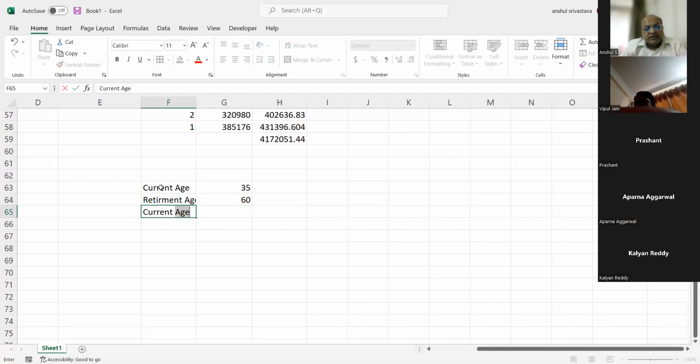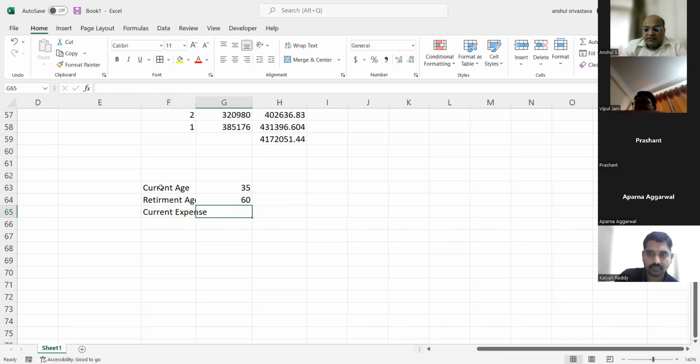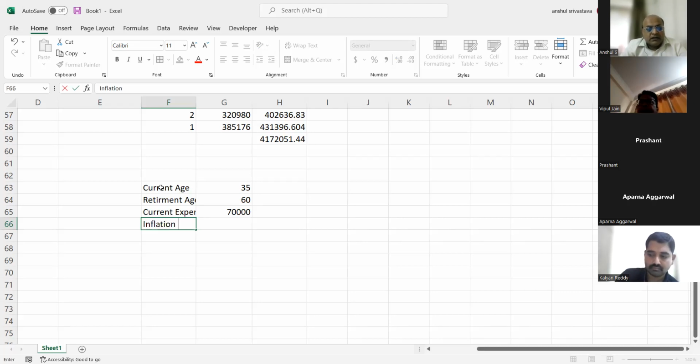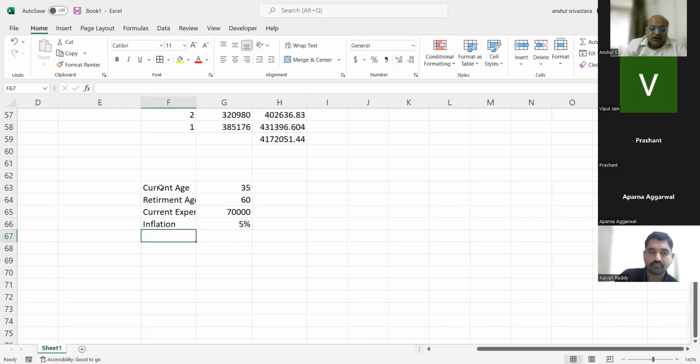Current expense is, let's say, 70,000 rupees per month. And inflation is, let's say, 5%. Or let's say 5.5%, 5% seems a bit low. Inflation is 5.5%, I'm taking.